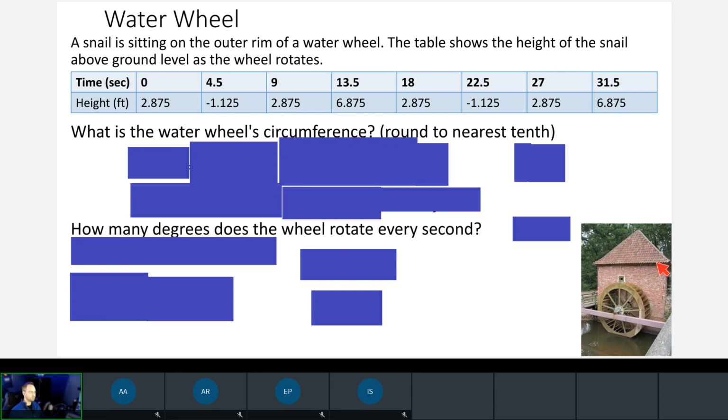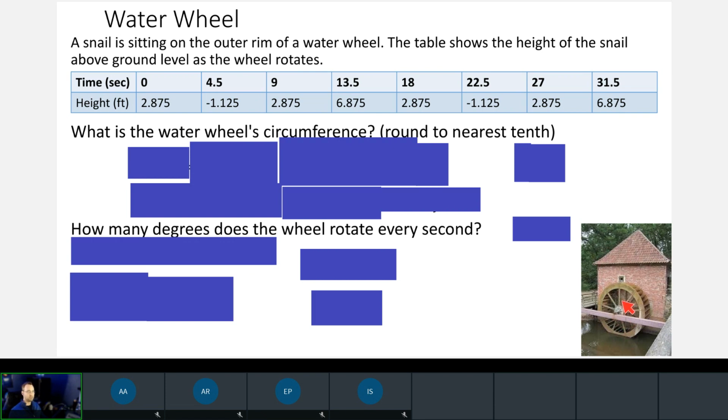Amplitude. So Emily, are you telling me that amplitude and radius can be the same thing in these problems? Yes, and you are correct. So if you think about this wheel spinning around, it's going to have a max and it's going to have a min, just like the wave, right? Well, the max and the min, half of that distance is the radius.